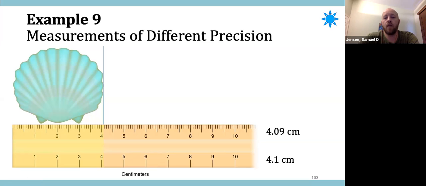Now, on the top scale, we have 0.1, 0.2, 0.3, 0.4, 0.5. We have the first decimal place of markers. Our graduations are by 0.1 increments.